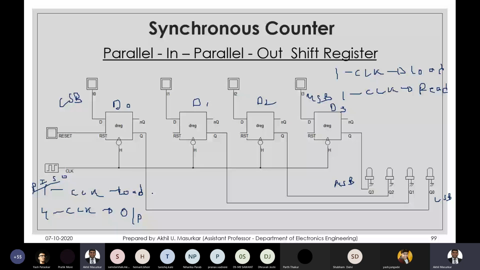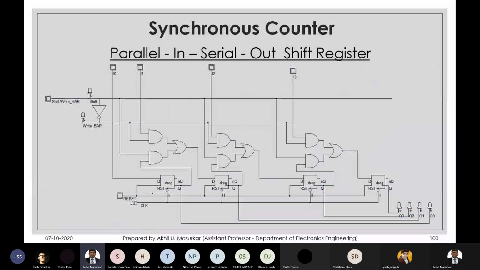Okay, let's go to the next one. This is parallel in, serial out. Parallel in and serial out.